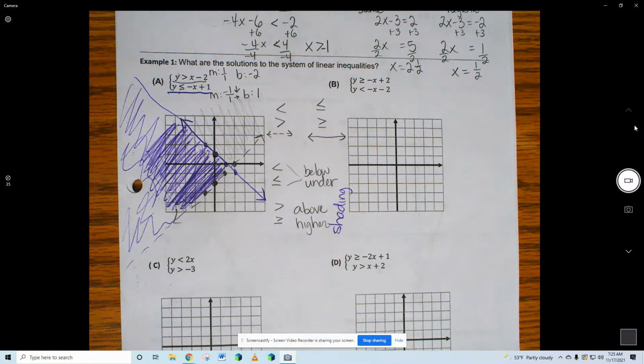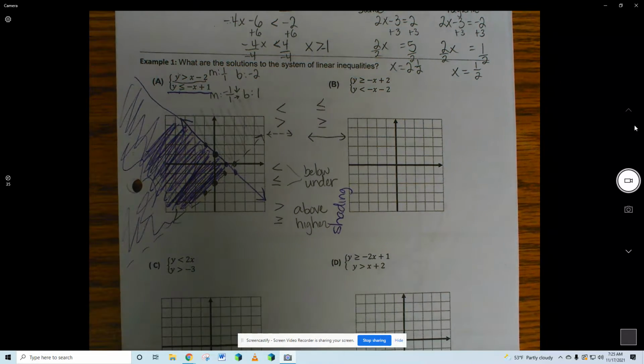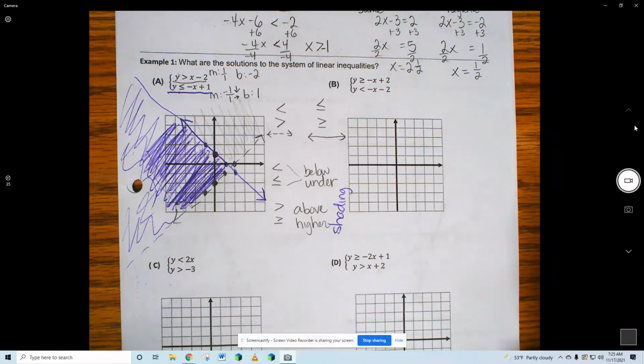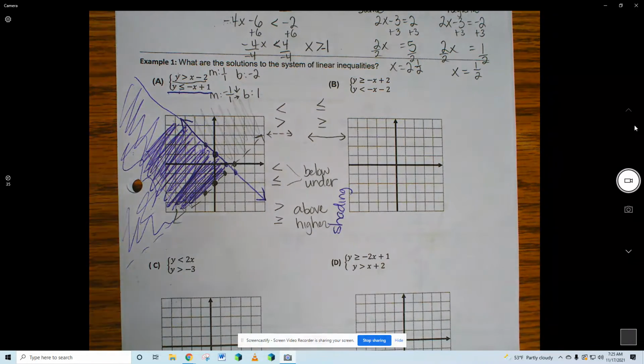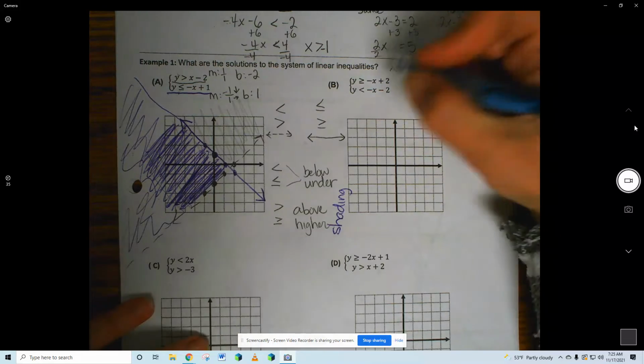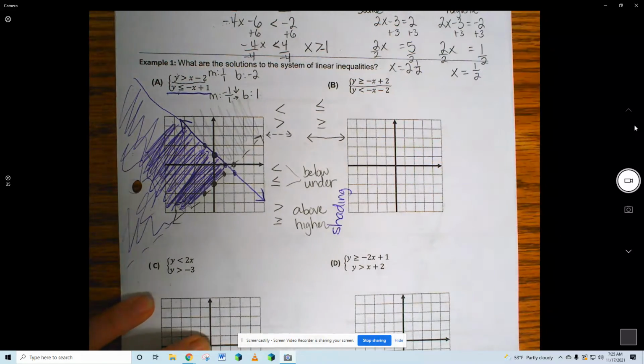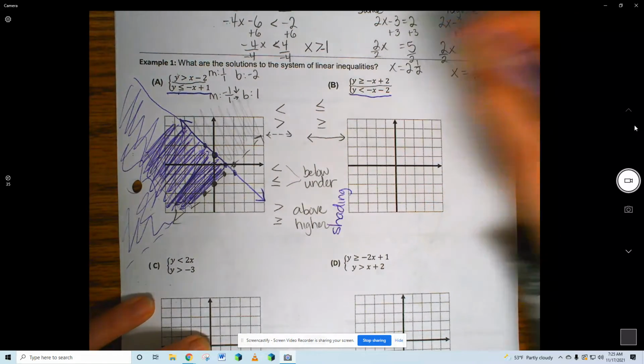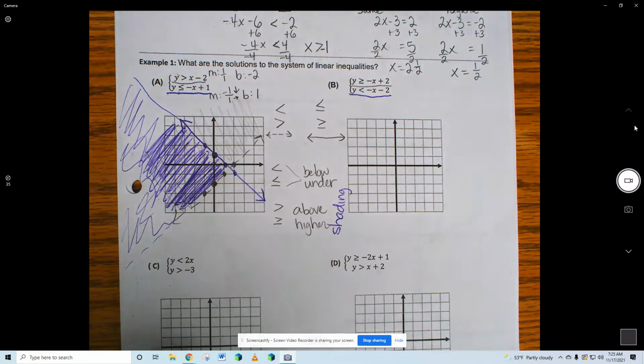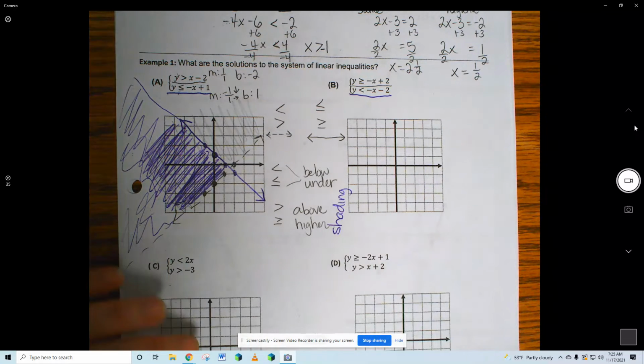Part B. I'll do the top one in pencil. I'll do the bottom one in purple. And by the way, I might throw in a third equation too. I could do that. I'll do one on your homework that has 3 equations.